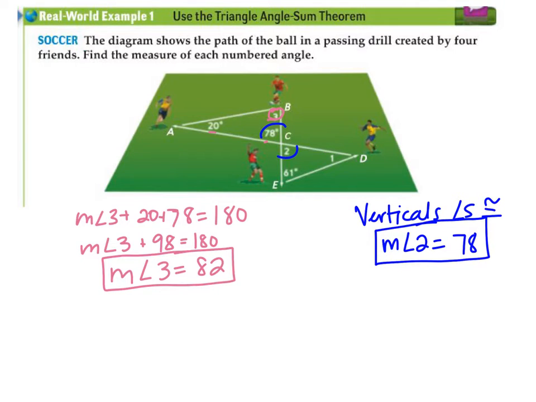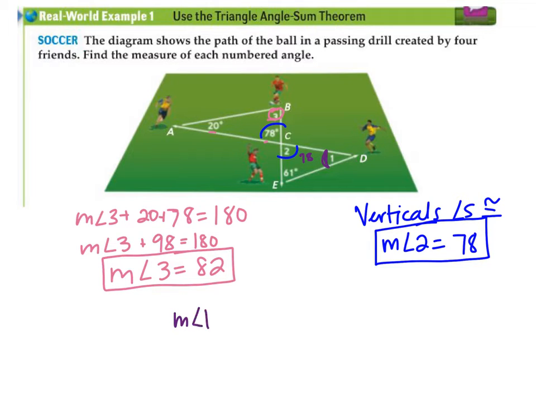Our last angle that we're looking for is number 1. I just determined that angle 2 is 78 degrees, and then we need this missing one right here. Just like we did for angle 3, we have 2 measurements already. So we have 61 and the 78 we just solved for. Knowing our triangle sum theorem, the measure of angle 1 plus these 2 measurements has to be 180.